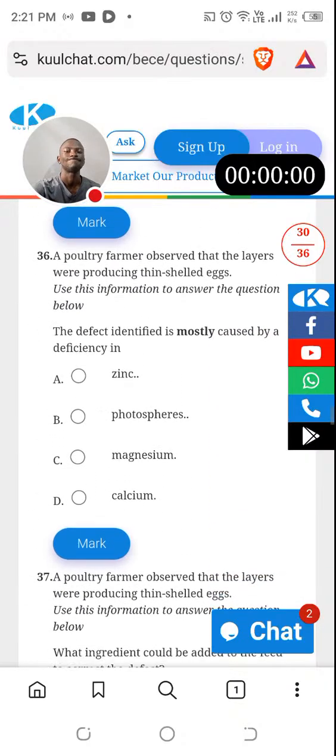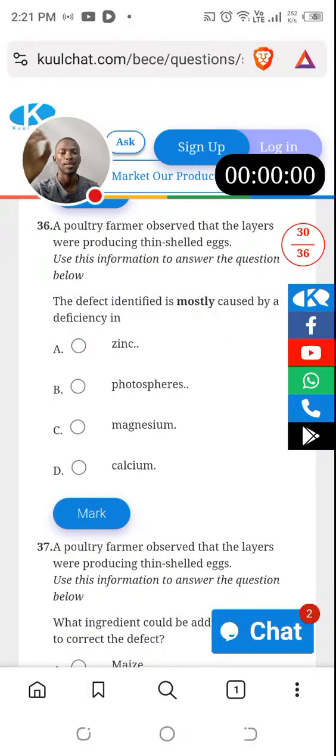So it depends on the type of water you're considering. It should be boiling. A poultry farmer observed that the layers were producing thin-shelled eggs. Use the information to answer the question below. The defect identified is mostly caused by deficiency in zinc, what's that? Magnesium and calcium.